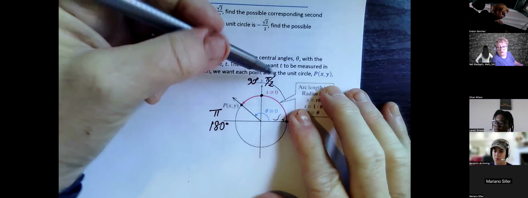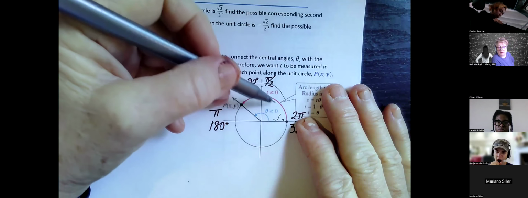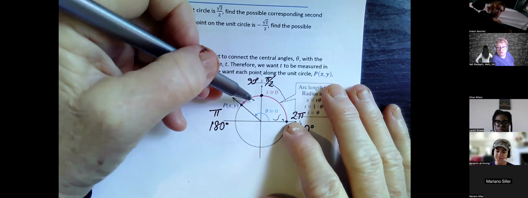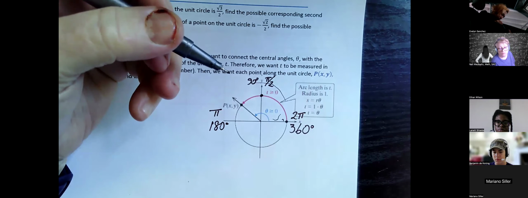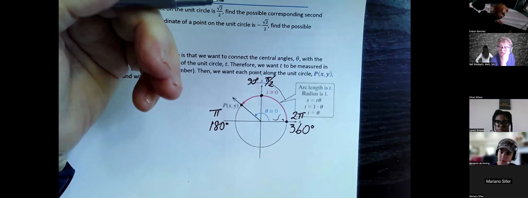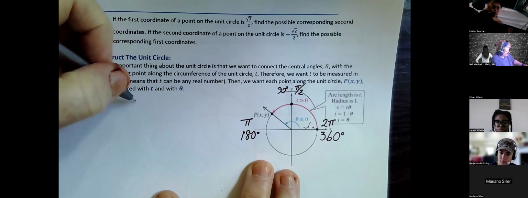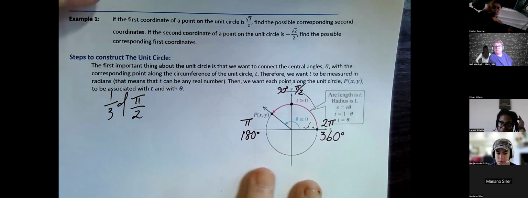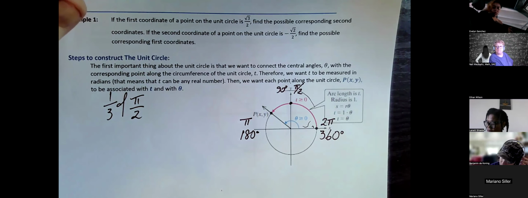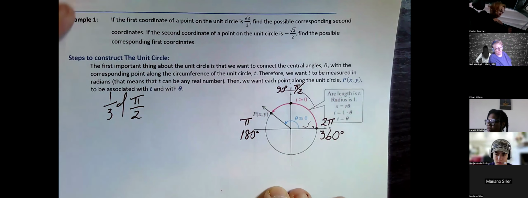So if pi over 2 is all the way between 0 and 90 in this first quadrant, what is a third of it? How do we find a third of pi over 2? You multiply it.